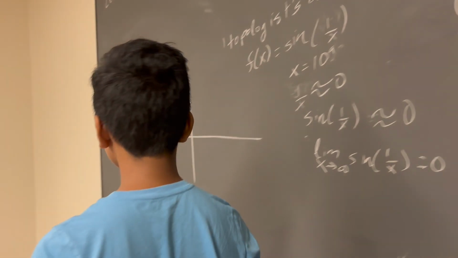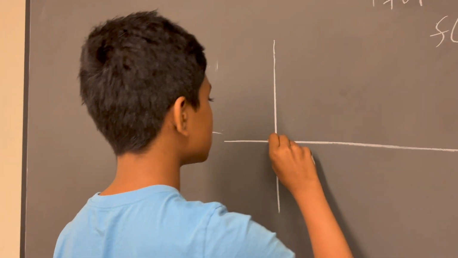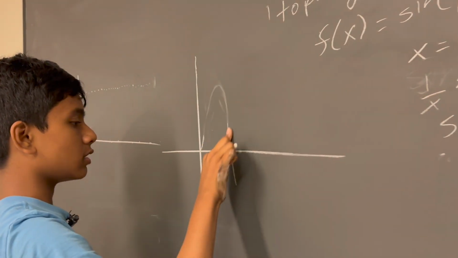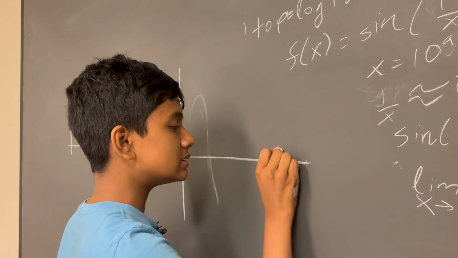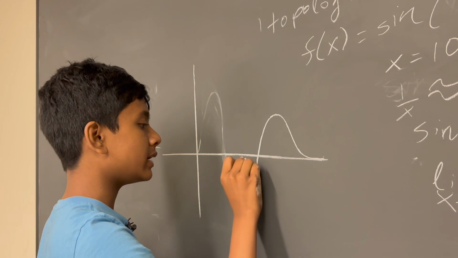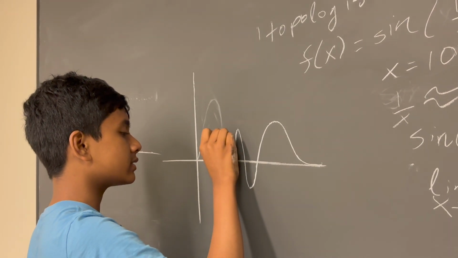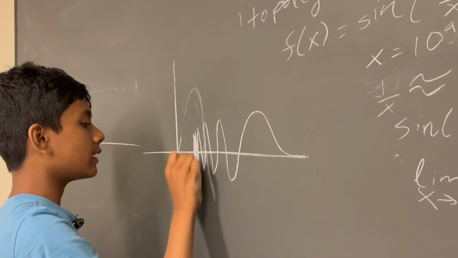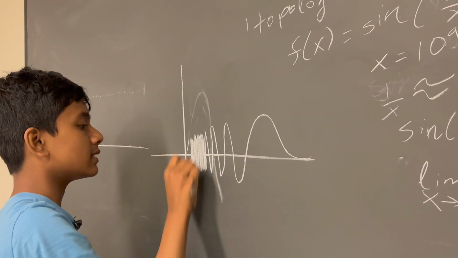Well, once again, we have to construct two sequences within this function. So what do we do? Well, let's graph it. It chills out over here, then it gets a little slimmer, then it gets even slimmer than that, and even slimmer, and eventually it becomes an unintelligible mess in the center.